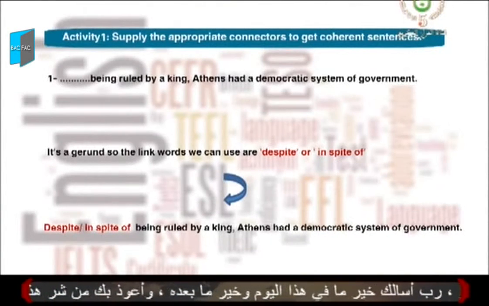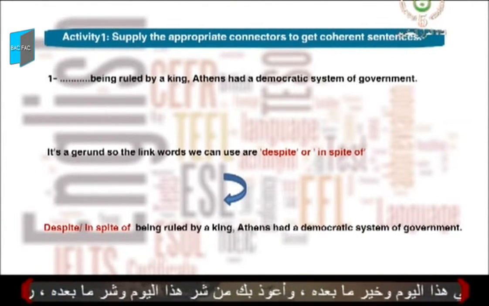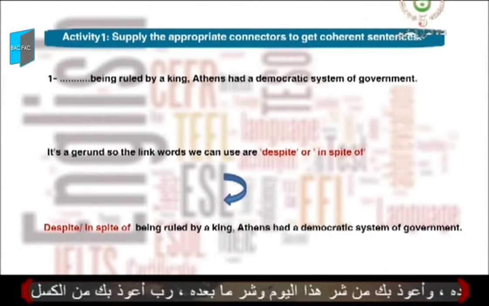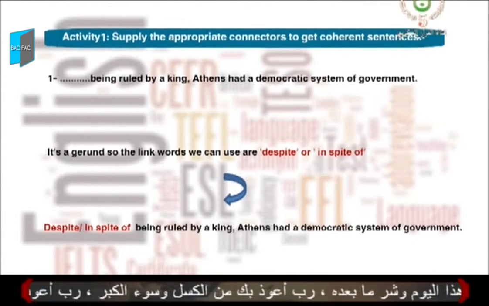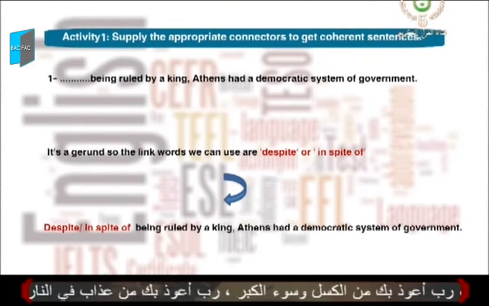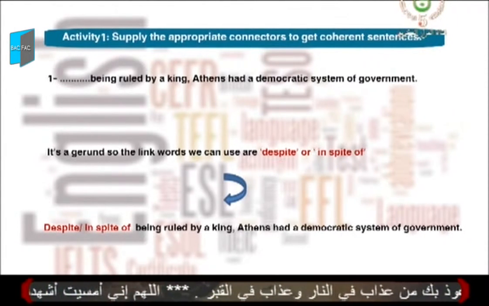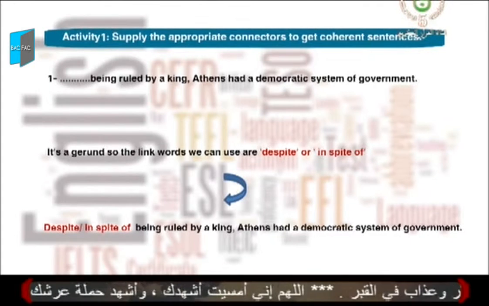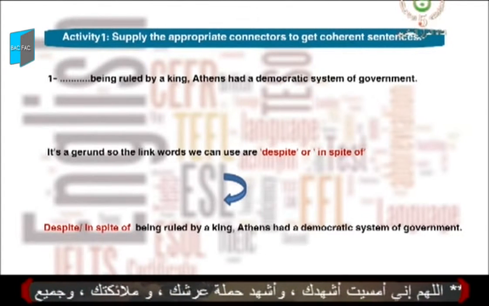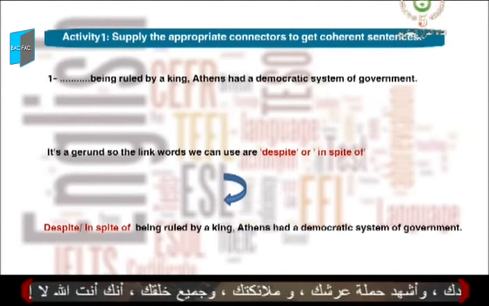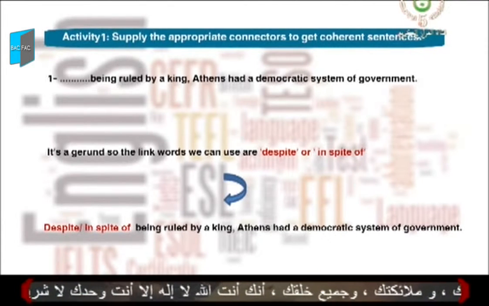Activity 1. Supply the appropriate connector to get coherent sentences. Sentence 1. It starts with a gap. Being ruled by a king, Athens had a democratic system of government. What's the gap followed by?